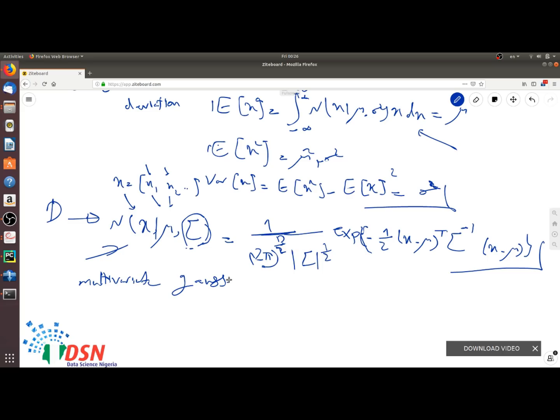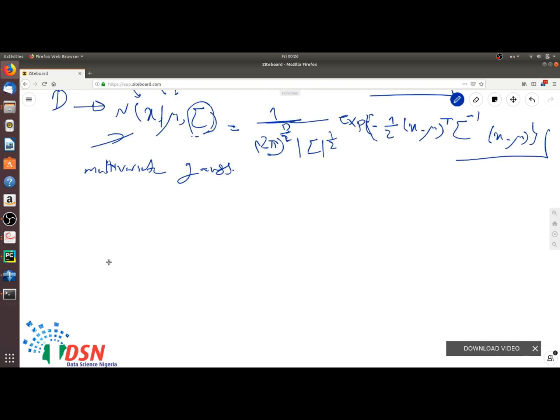It is good to see an example of how to estimate the parameters of this distribution. Let's say you see a sequence of n samples, and these samples are IID, independent identically distributed random variables. We know that they come from the Gaussian distribution.